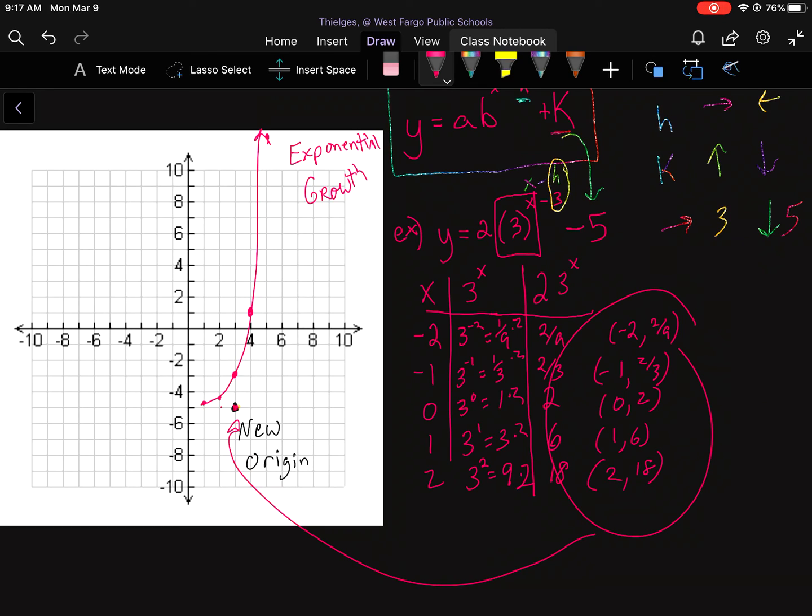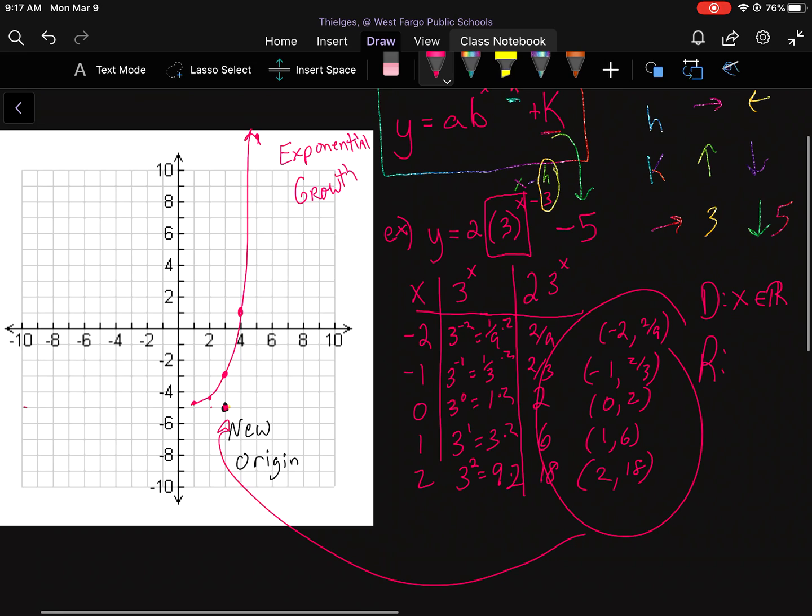Now, my domain, I had no problems with any numbers I put into my table, so x is all real numbers. My range: see, this asymptote used to be the x-axis, but it just moved down 5. So here's that asymptote.